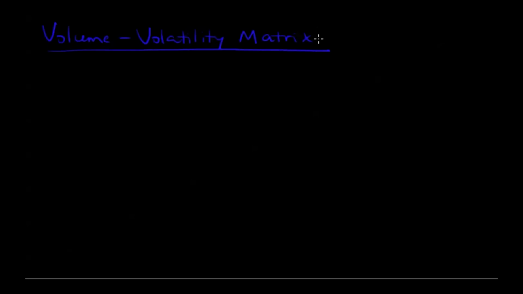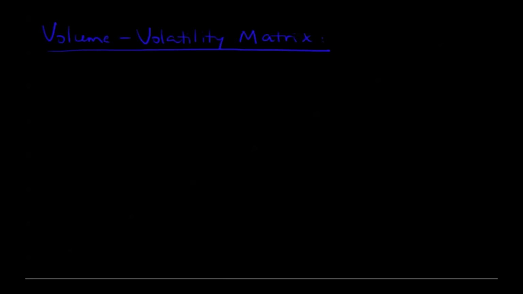So first thing we're going to go through is called the volume volatility matrix. So what we actually want to cover with the volume volatility matrix is basically just show the various conditions and how we can trade in each one.